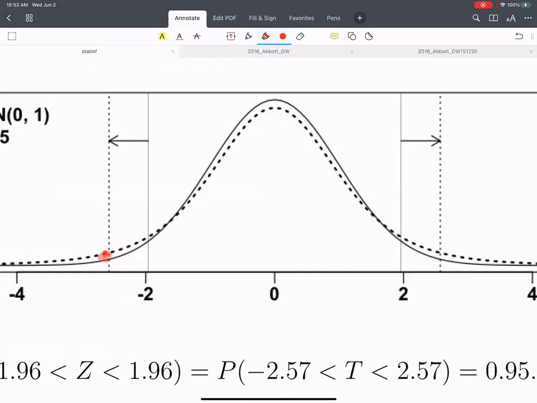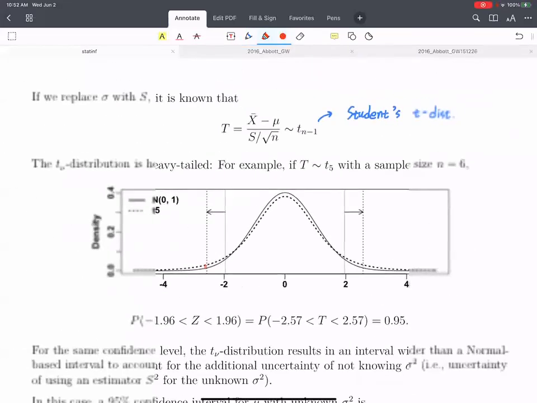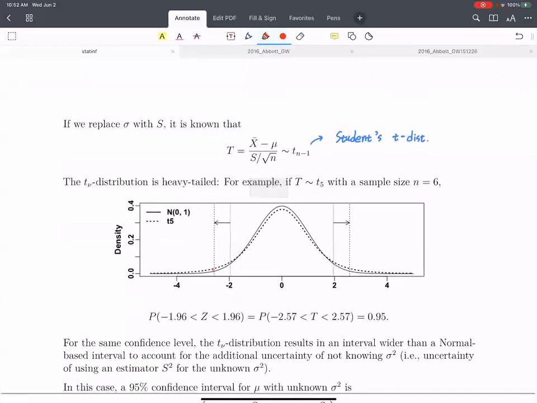It's hard to draw here. Thicker tails mean that to get the same 95% probability, you need a wider interval, because the peak is lower than the Gaussian distribution. As you can see here, it is lower than the Gaussian. So in order to get the central area equal to 0.95, you actually need to extend the range from 1.96 to 2.57.